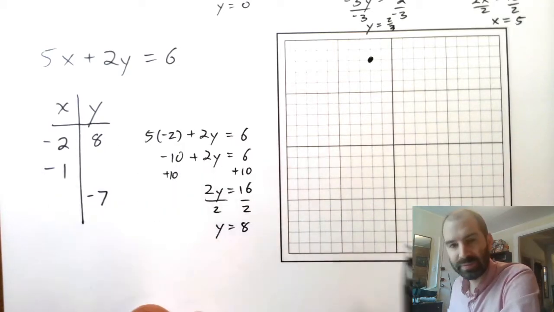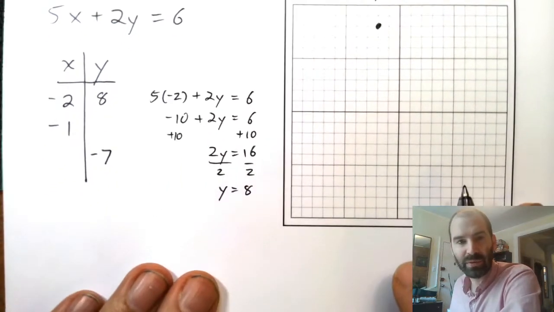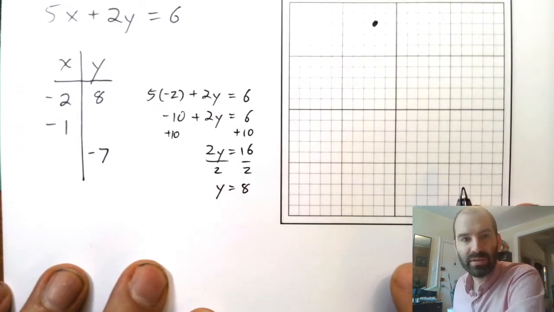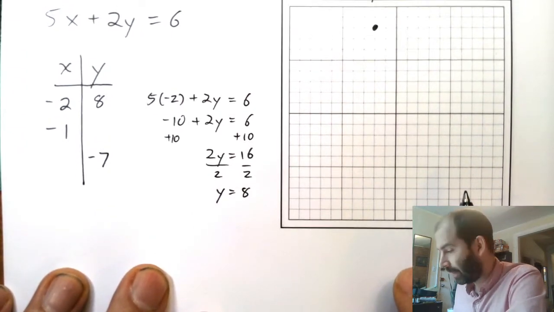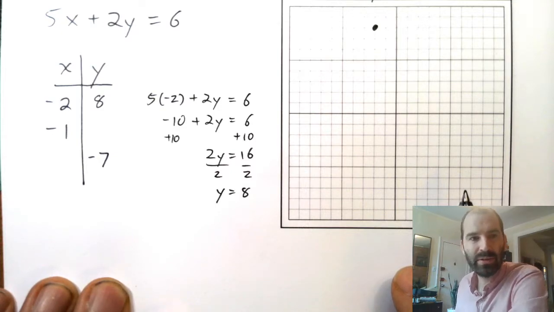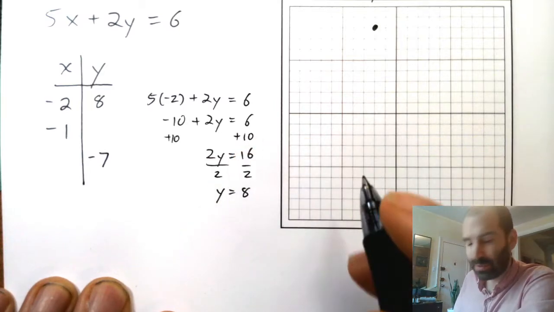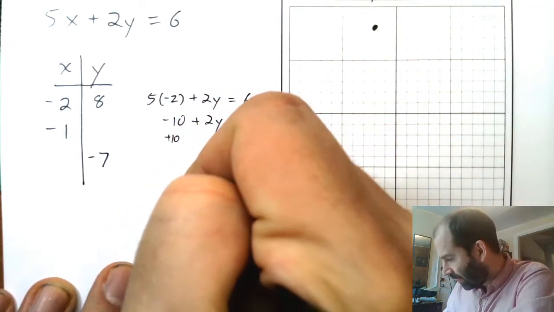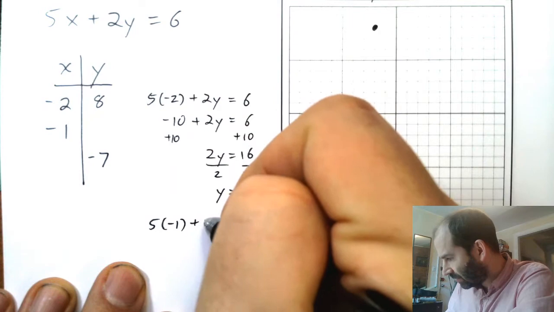Let's do the next one. X is -1, y is what? Right? So go ahead and work this out, and we'll check our work together. Okay, welcome back. Let's see what we got. So you're plugging in -1 for x.